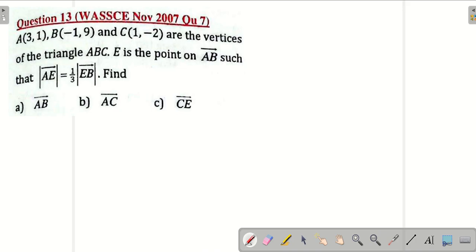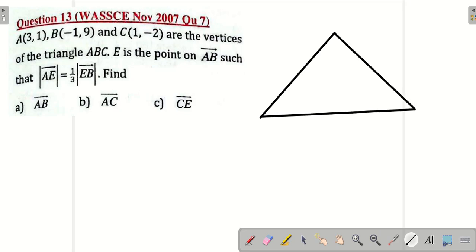So the first thing to do: ABC are vertices of the triangle ABC.